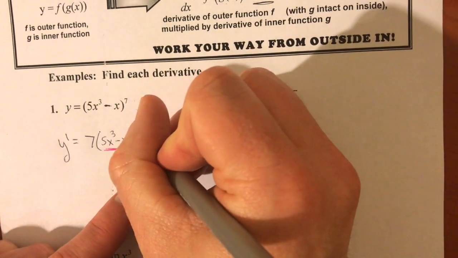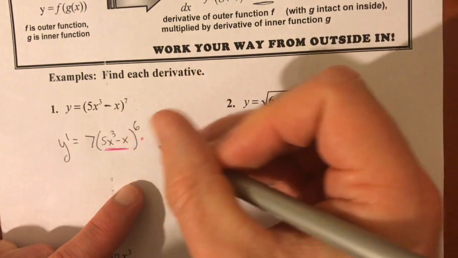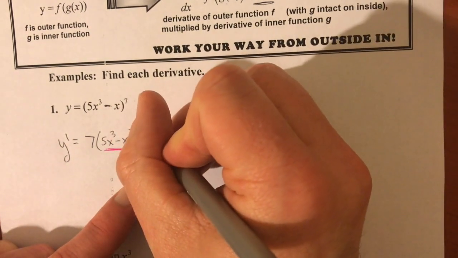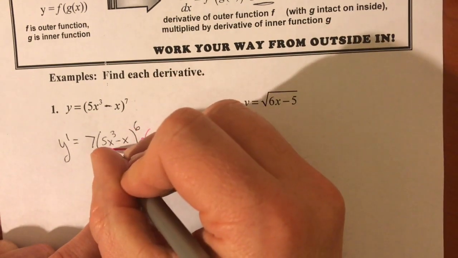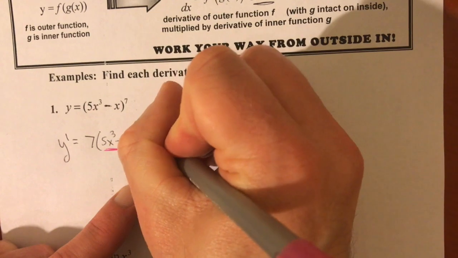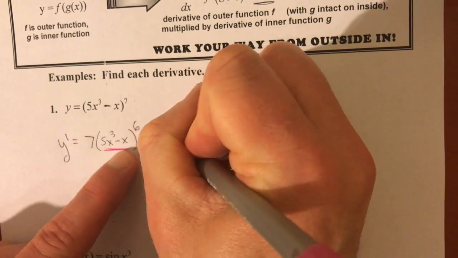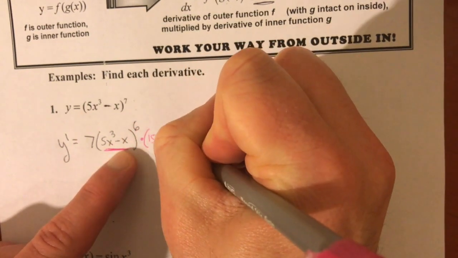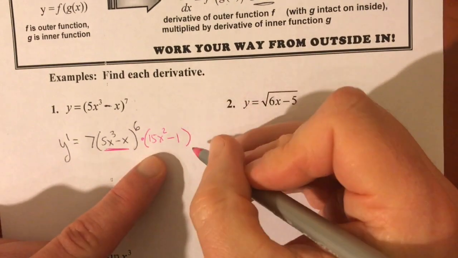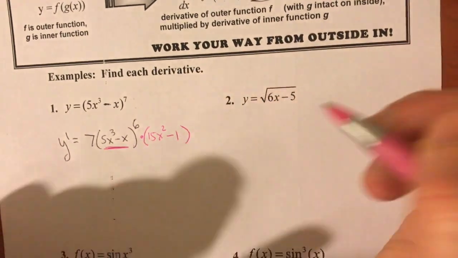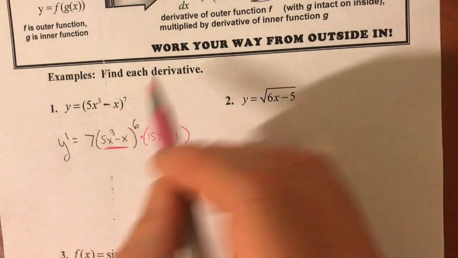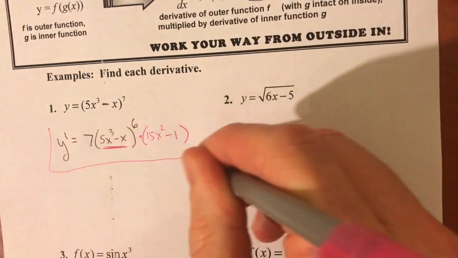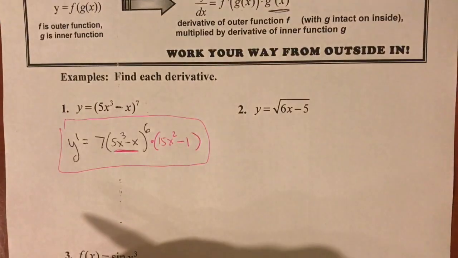So each function's derivative does get represented, but it's a very particular way in which to do it and to get that routine down. So we multiply by 15x squared minus 1. That is the derivative of the inner expression. And make sure to use parentheses around that to show that it's all being multiplied by this. And that's it. That's done. You can, if you like, again, expand it or something, but there's no negative exponents. It seems fine to me.